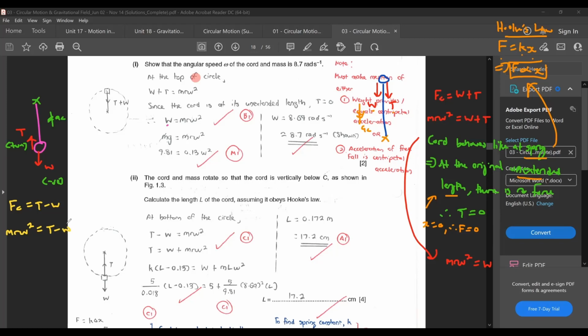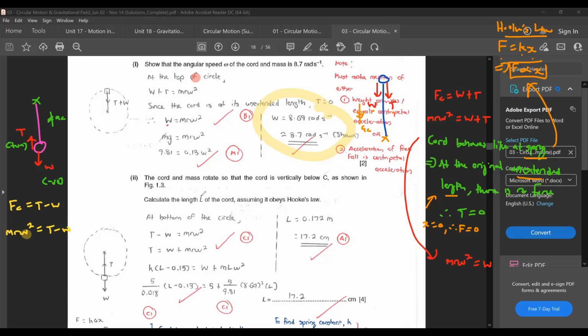I want to use omega here rather than mv squared over r because I already found omega, and you already know that omega is constant throughout your motion. Now, from here, you will need to start thinking about a few things.